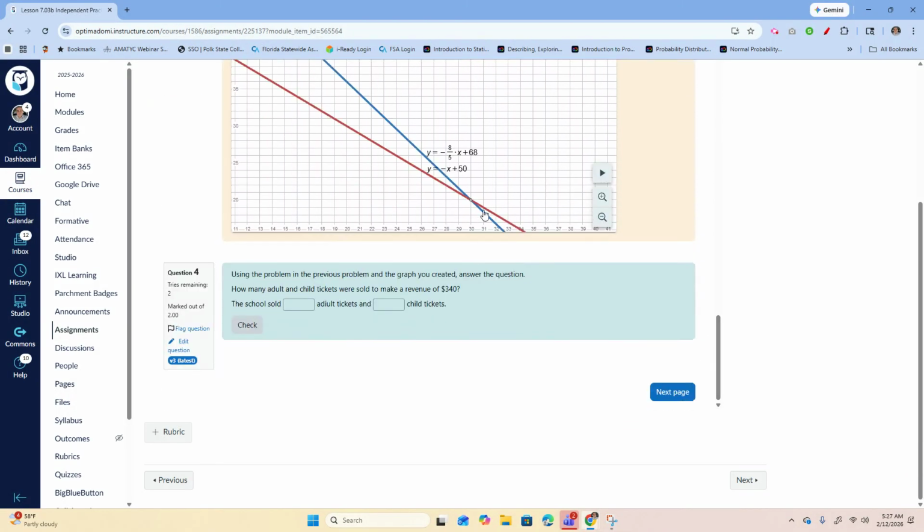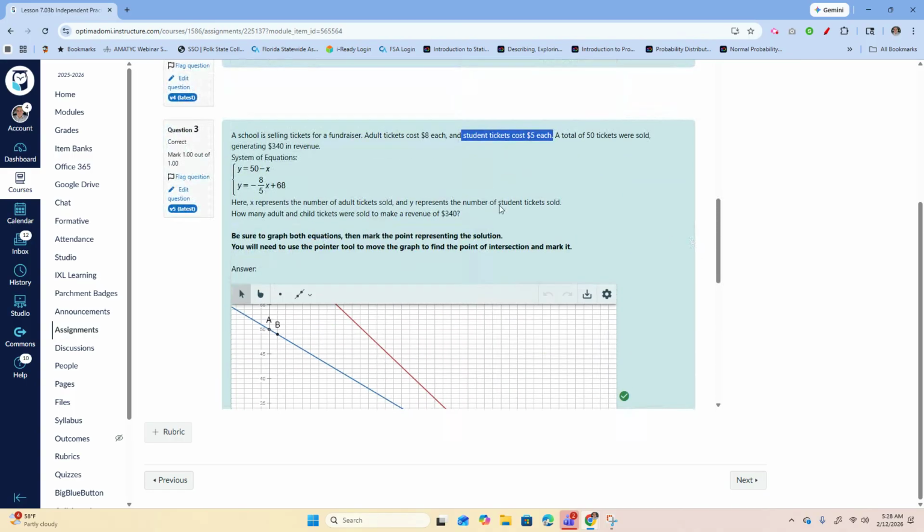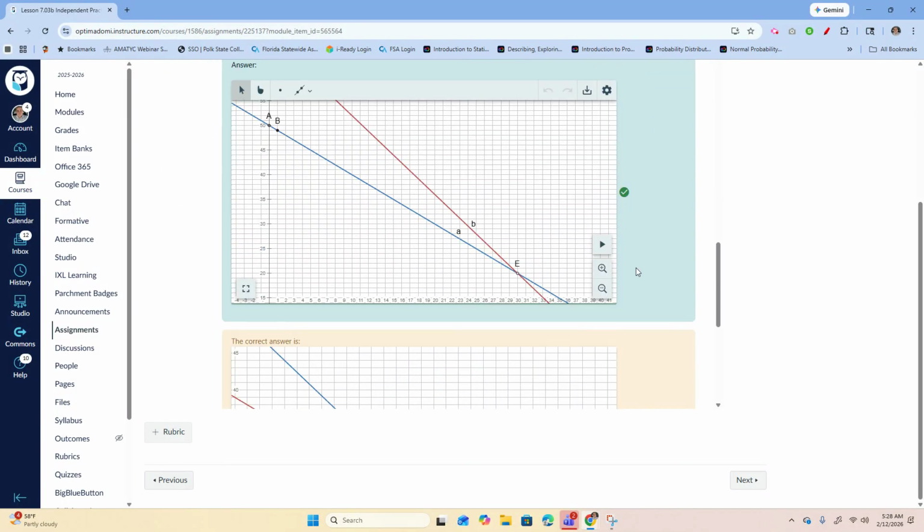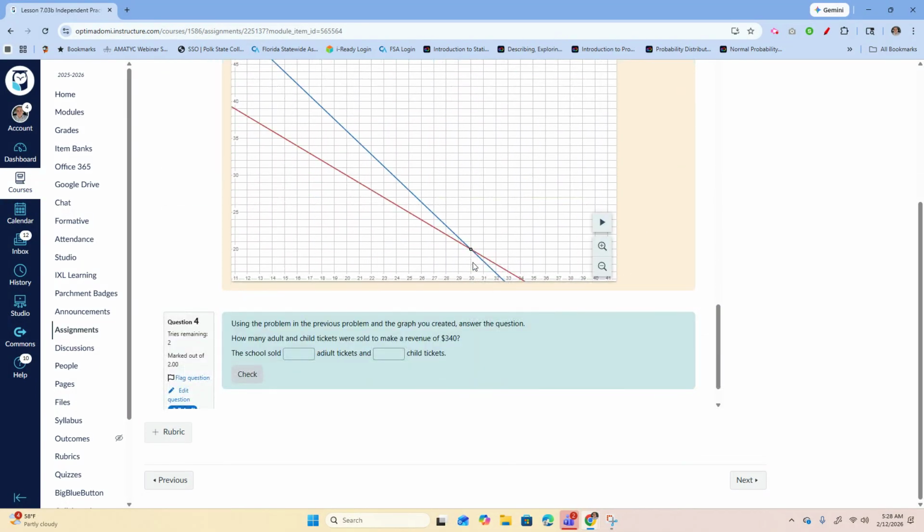So when I click here, what does this mean? That 30 students bought tickets and 20 adults bought tickets to make a revenue of $340, because that's what they're asking.